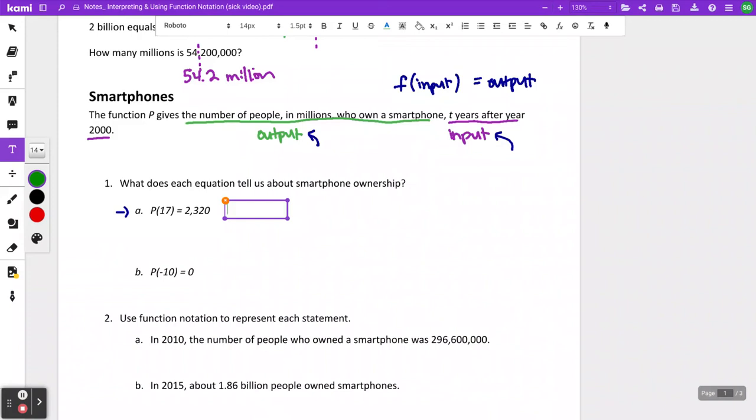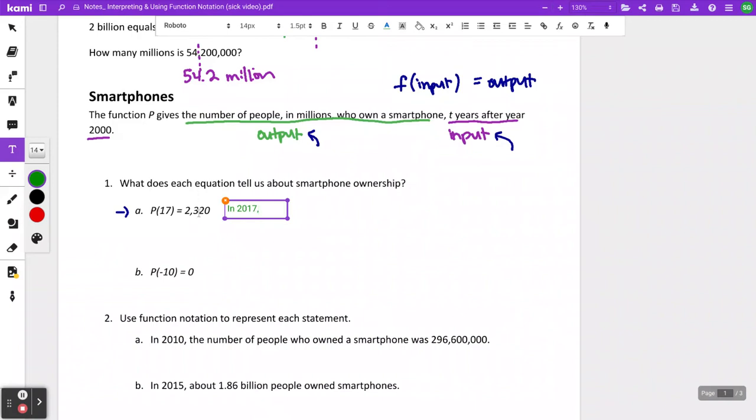So somewhere in that description of what that equation's telling you, you want to mention the year 2017. If you said 17 years after the year 2000, you're not wrong, but we can go ahead and make that clear by just saying in 2017. We could actually do that math, right?